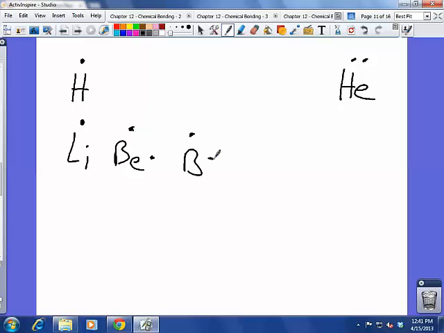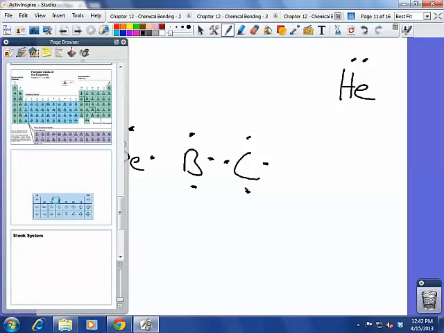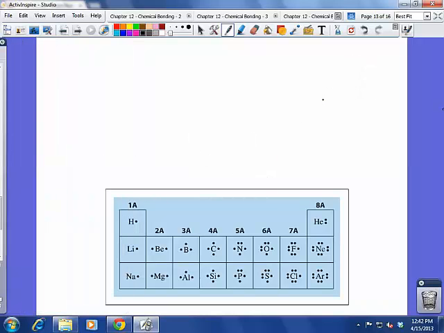So we just put dots around here for how many valence electrons we have. Okay? And because I don't feel like writing all these, I'm just going to use this picture from your book. Okay? So for every valence electron, we put a dot. So that means everything in group 1A here has 1 dot.